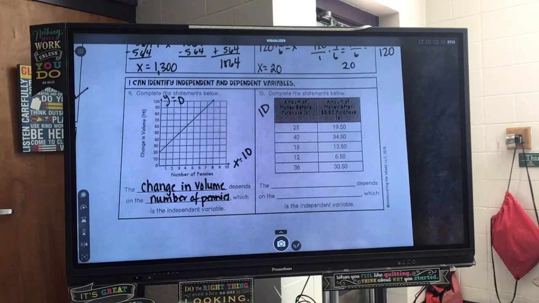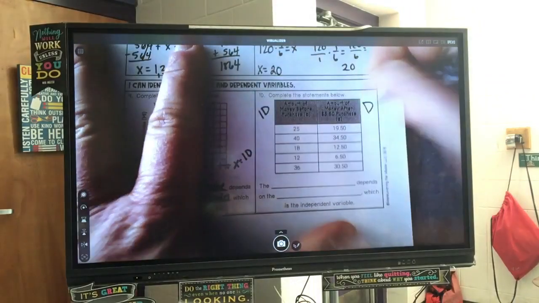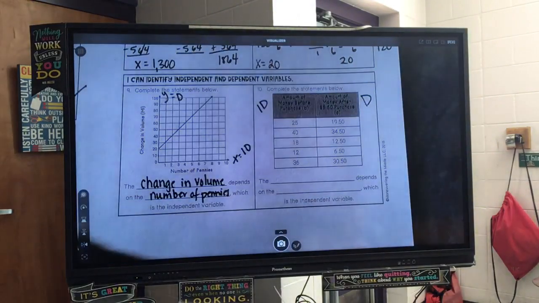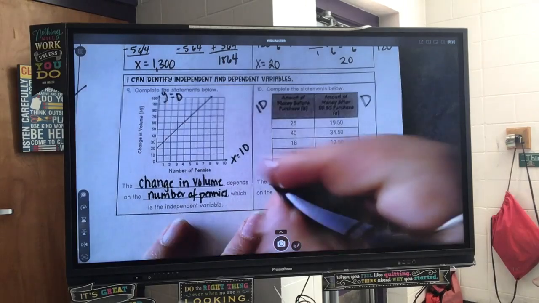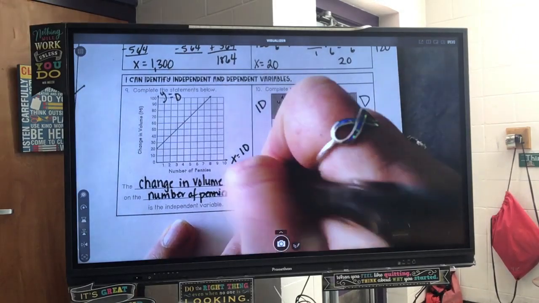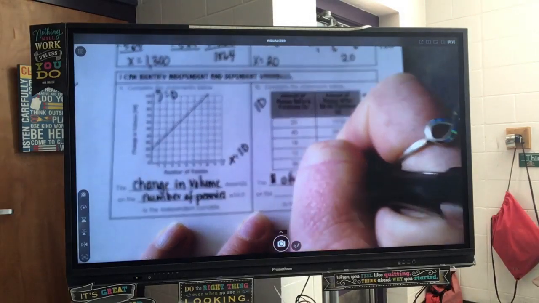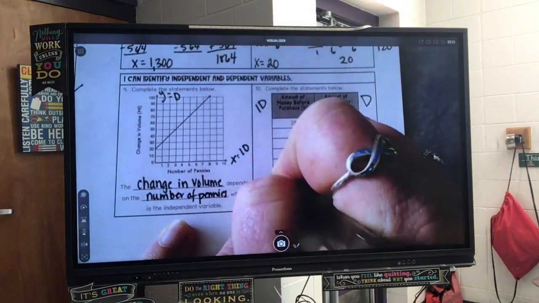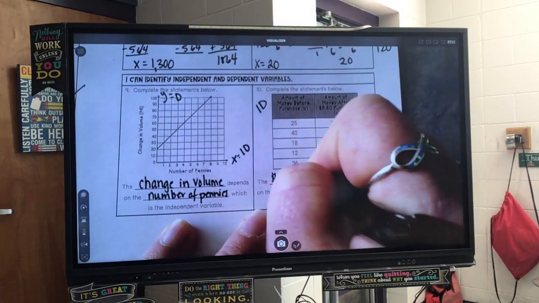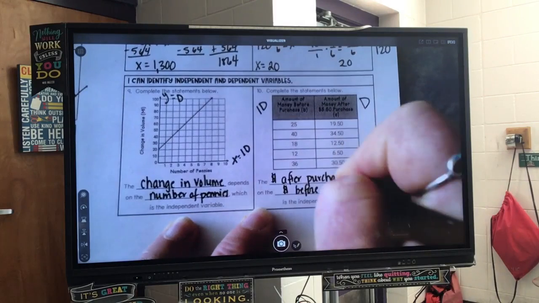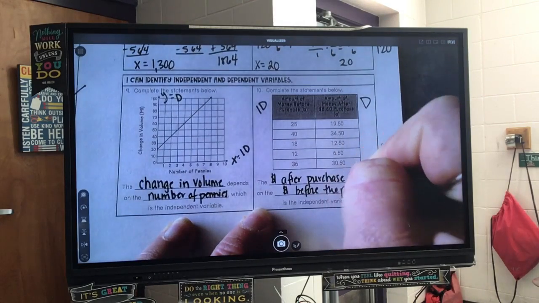The independent or the dependent? The dependent. Alright, so then how do we fill in our blank? The money after depends on the money before, which is the independent. Alright, good job.